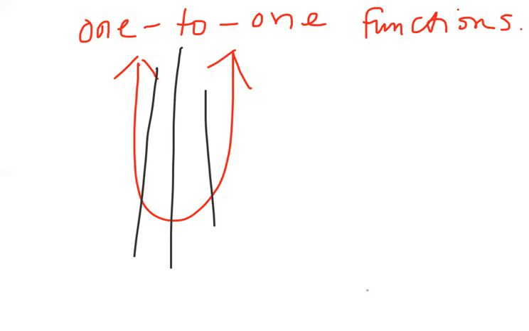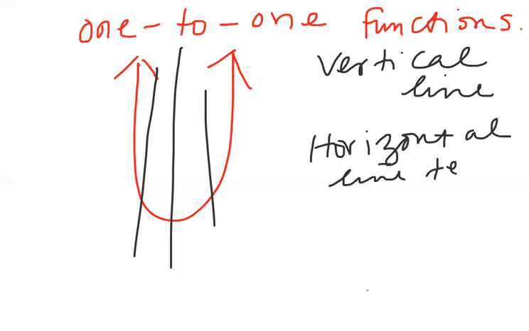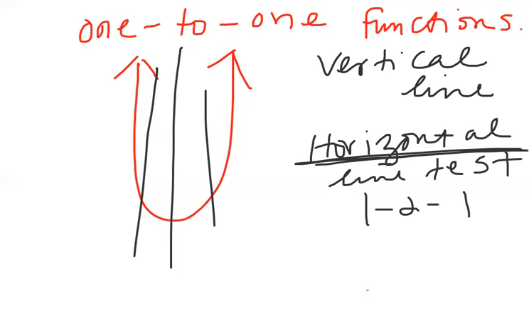Well, along with a vertical line test to determine if it is a function, there's also a horizontal line test. And the horizontal line test is basically the same thing as a vertical line test, but this time it's a horizontal line. This helps us to determine if we have a one-to-one function, okay?